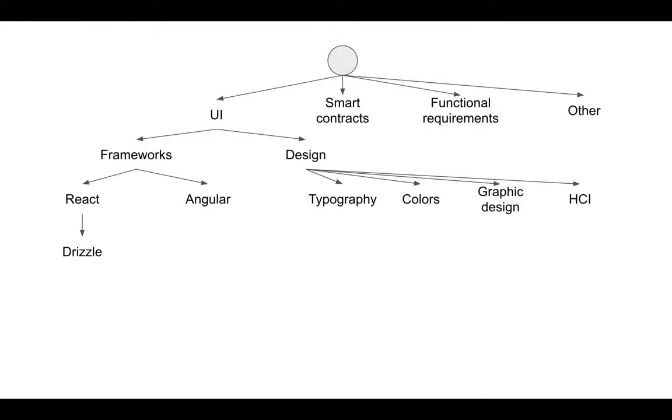Also, Truffle, the framework that we use to develop our smart contracts, has a very interesting and useful library for creating web applications and UIs. That framework is called Drizzle, and I really invite you to use it.